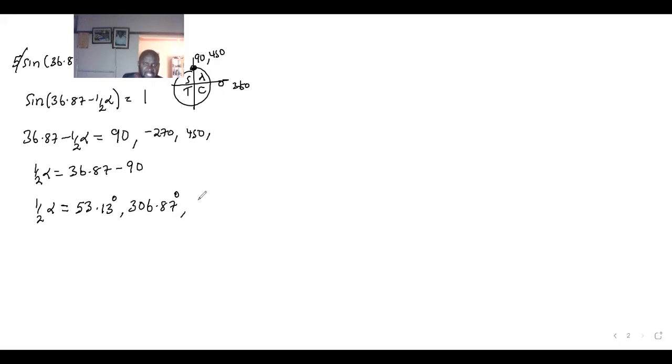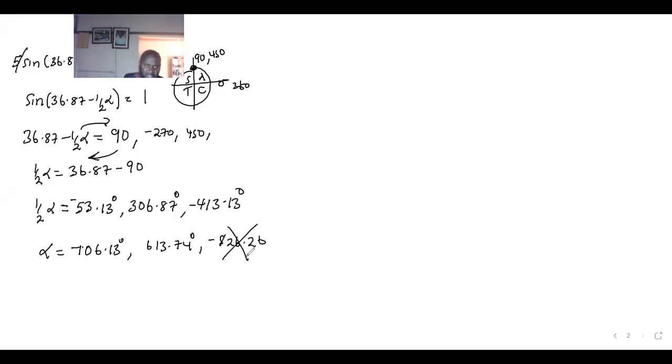So this one gives us 413.13, a negative. So you cross all these angles over and you move the alpha this way as these angles go that way. So at the end of the day, we shall have alpha is equal to a negative 106.13, and 613.74, and a negative 826.26, out of the range.